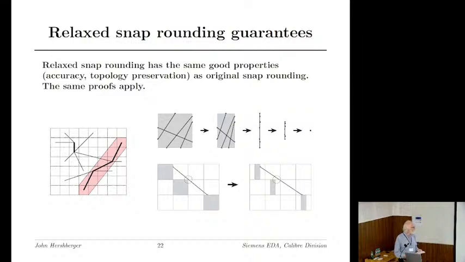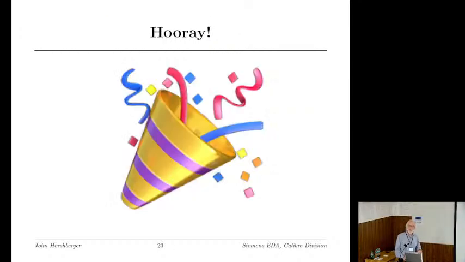The proofs basically carry through unchanged. So, hooray! I was actually quite pleased with myself. And I even considered whether this tweak was worth writing up as a small but useful enhancement to snap rounding. So, let's enjoy the moment.